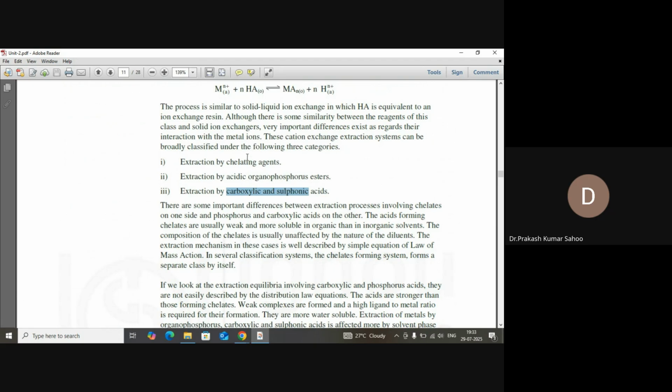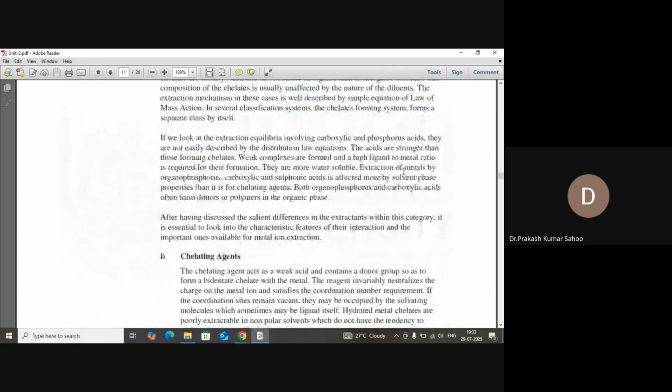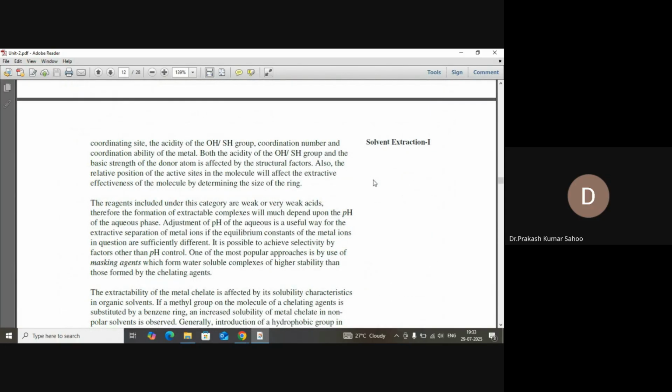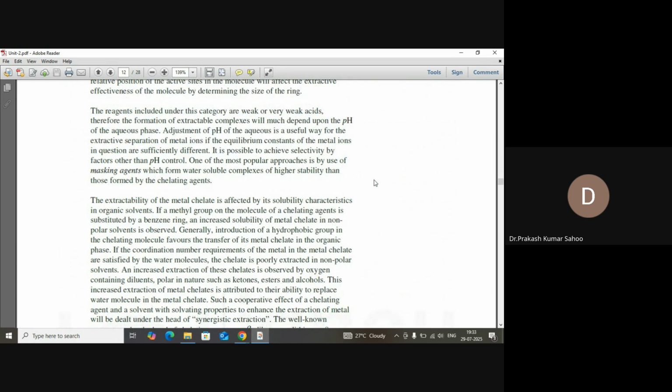Just try to remember these 2 or 3 agents which are used to extract the samples. So this is the chelating agent we have already discussed, and under chelating agents we have EDTA, ethylenediaminetetraacetate ion, which is a hexadentate ligand. That means it can form 6 bonds with a particular metal center.